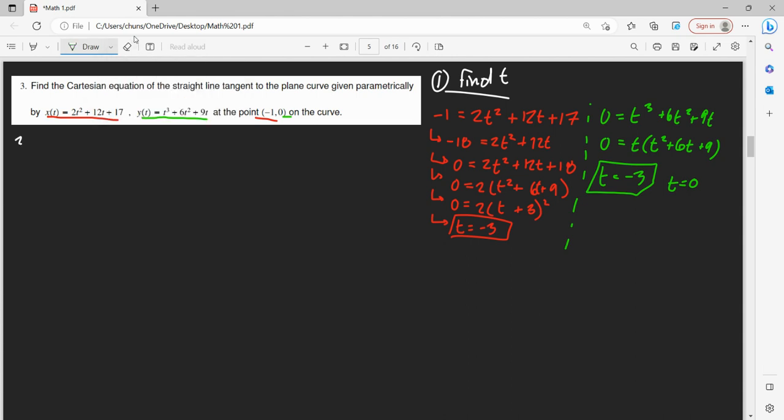So now what we can do, here's a little bit of a shortcut. So we're going to find slope, right? For our equation, we rewrite this in Cartesian form.